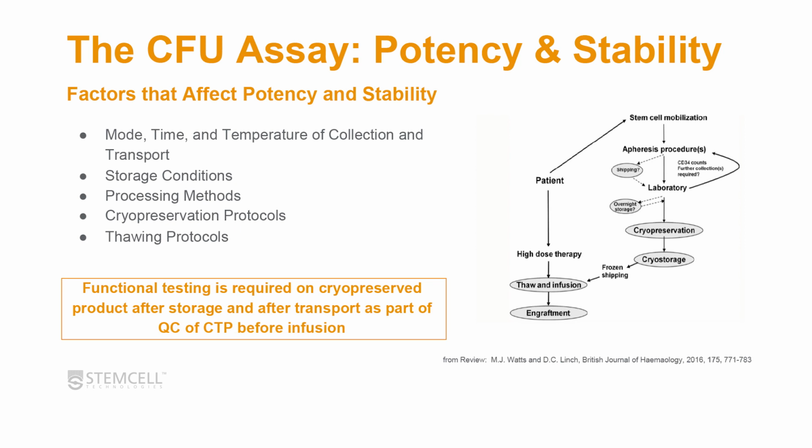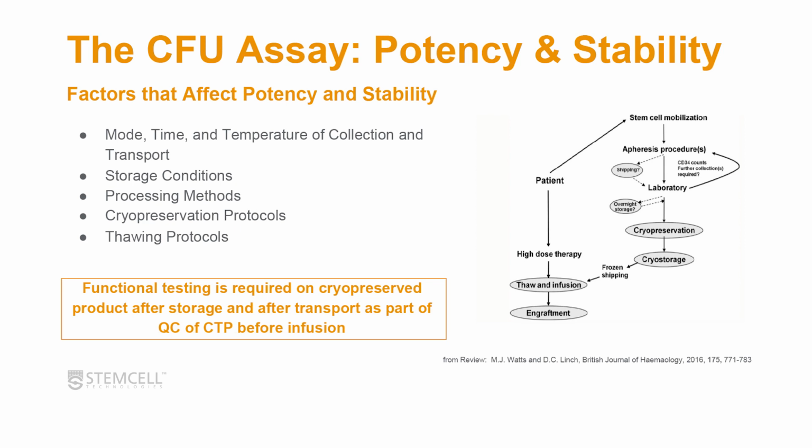And just to summarize, this slide shows that the CFU assay is a good potency and stability assay, because it addresses all the factors that affect the potency and stability of hematopoietic stem and progenitor cells. That is the mode, the time, and the temperature of collection and transport, the storage conditions, the processing methods, and the cryopreservation protocols.